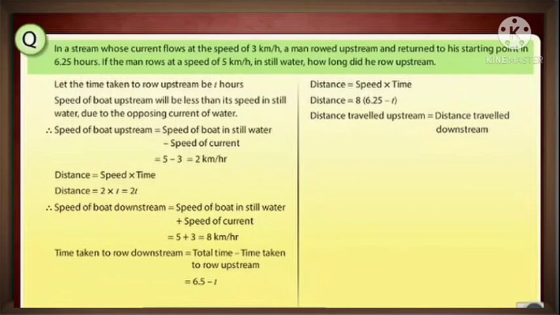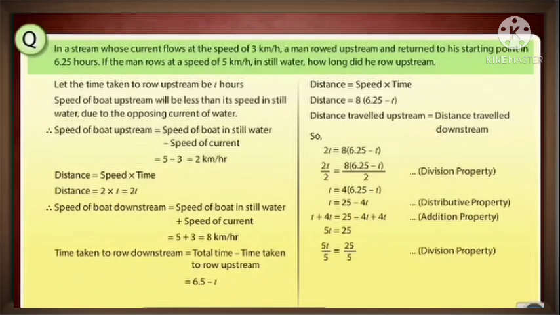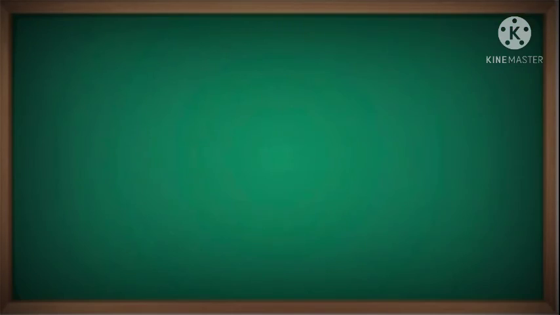Since the distance traveled upstream is equal to the distance traveled downstream, we form the equation as shown. On solving the equation, we get t is equal to 5.2. So, the time taken to row upstream is 5.2 hours.